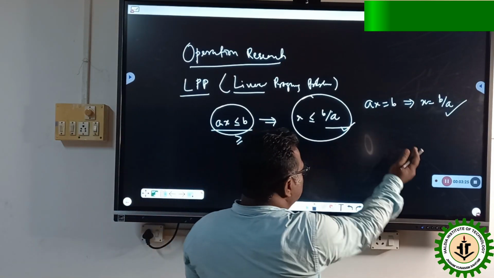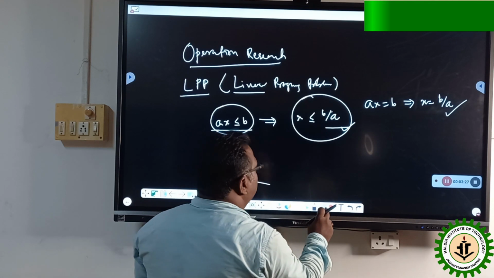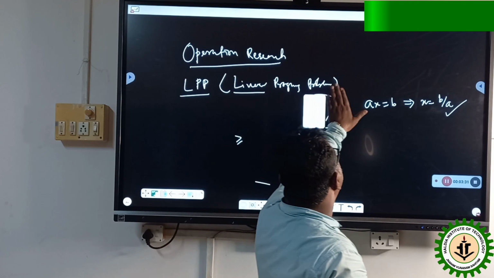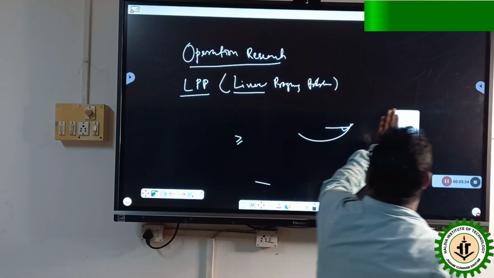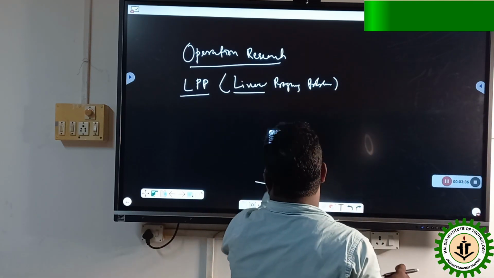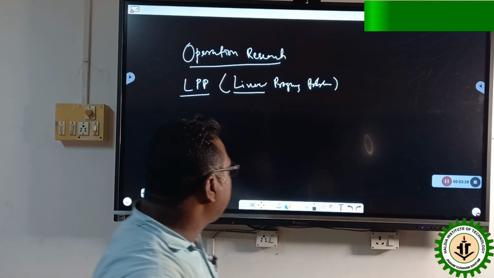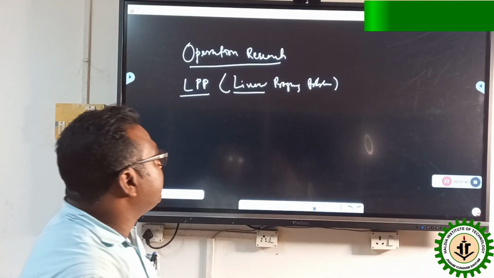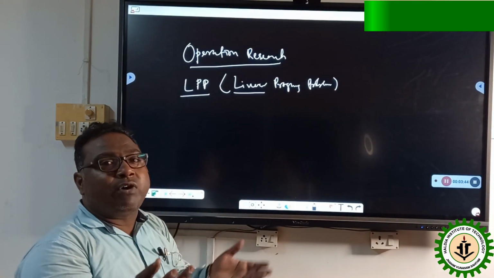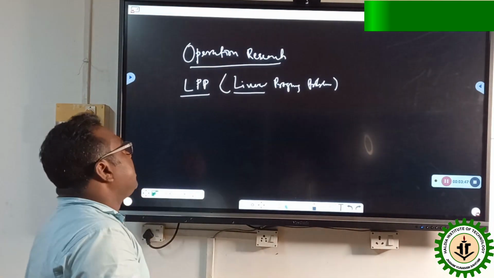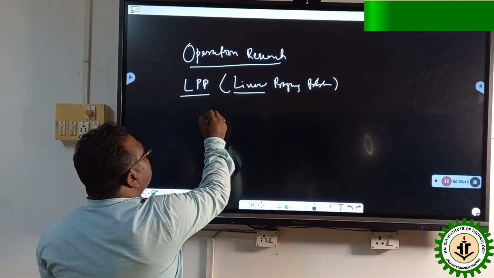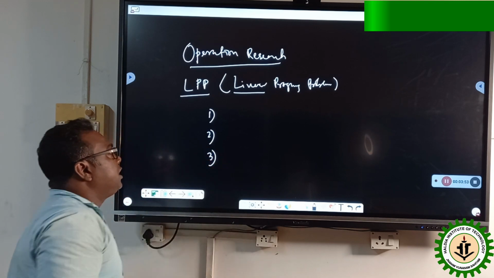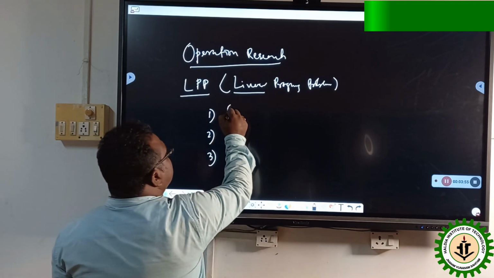Now, let us go for the basic part, what an LPP contains. Already I mentioned that in the LPP not all equations are present here. Maybe some equations consist of some inequality term. So in the LPP there are three basic parts which are very important. Number one, objective function.